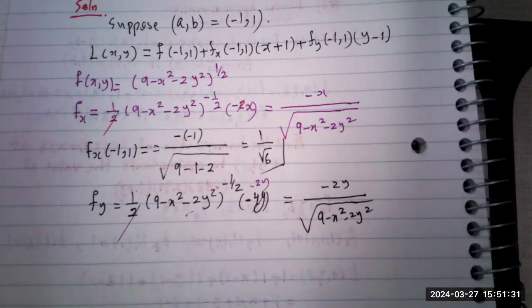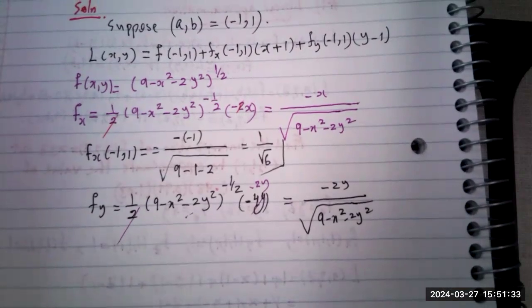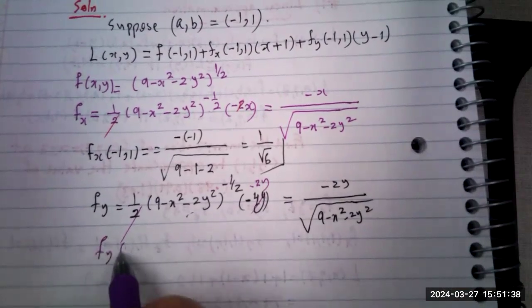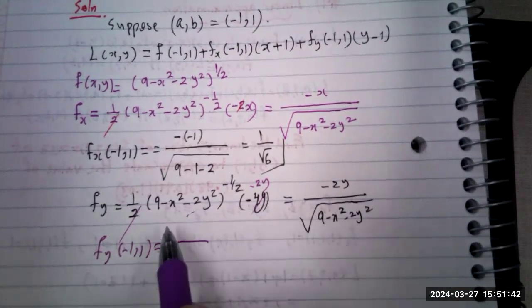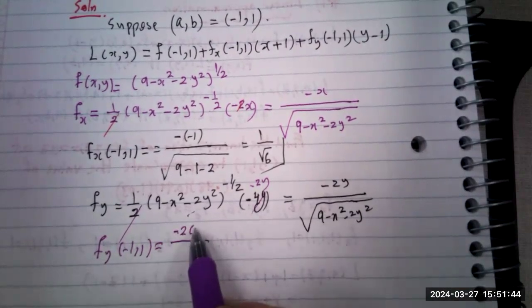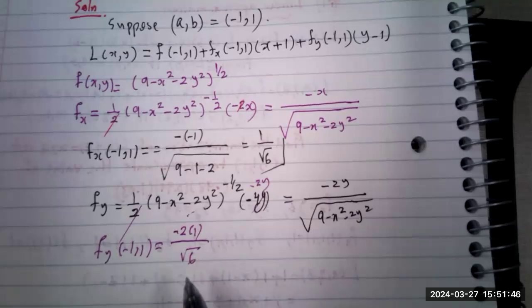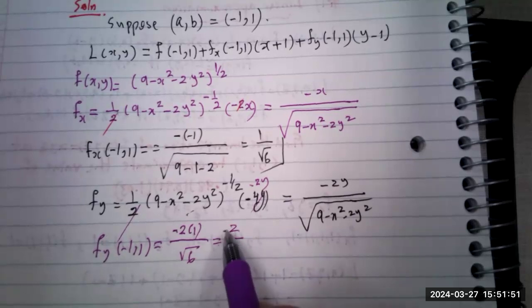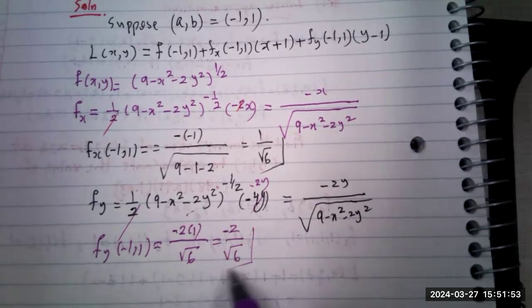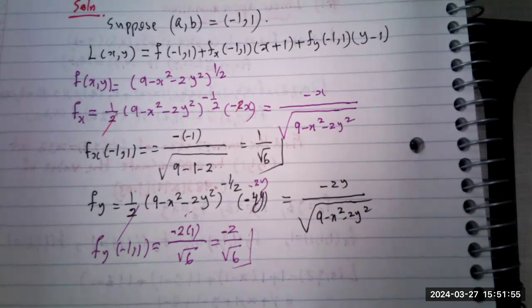Okay, now evaluate it at the point that you are interested in. So f sub y at (-1, 1) would be, the top would be -2 times 1, and the bottom is like the previous one, radical 6. So that gives you -2 over radical 6. Okay, that's f sub y.